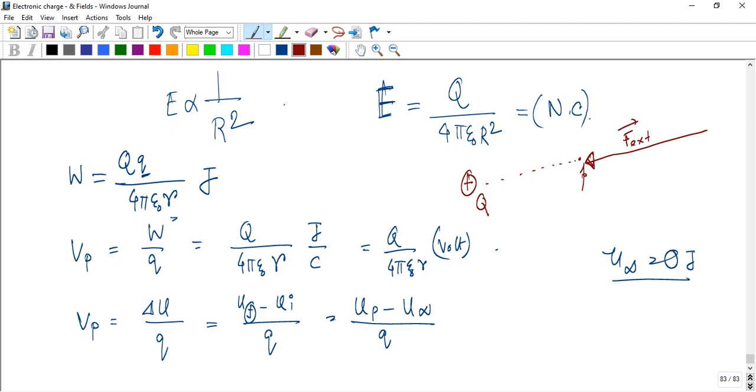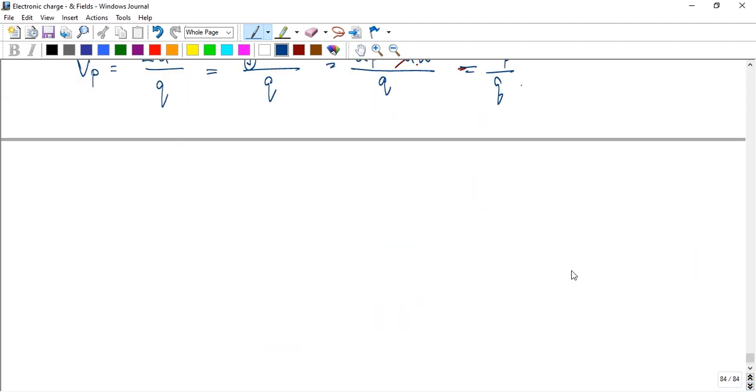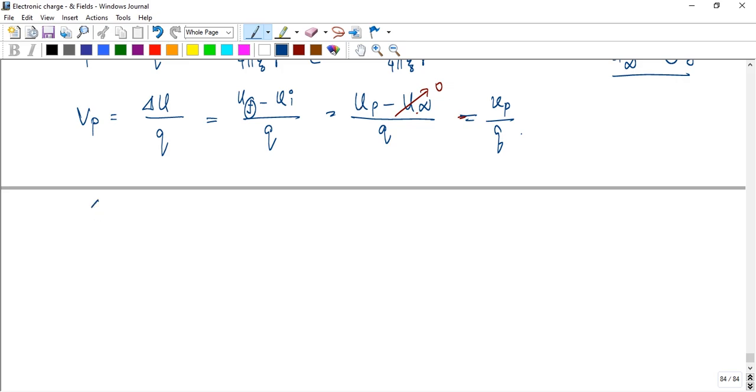That's the initial, that's the final. So final minus initial, with the initial being 0, gives U at P over q. That is delta U, which equals q times V at P, the potential at point P.